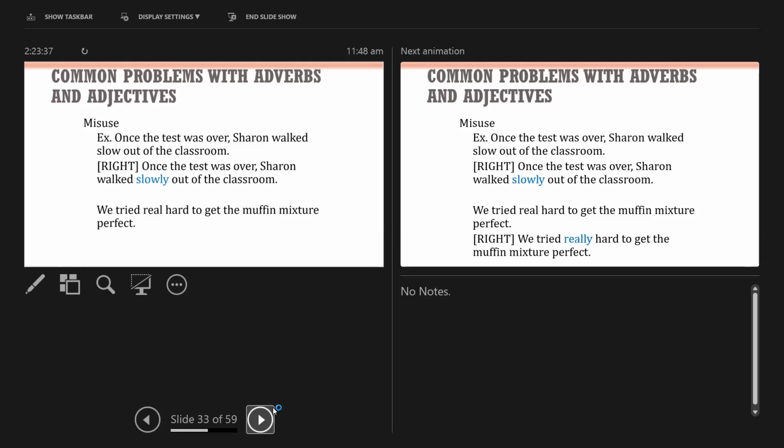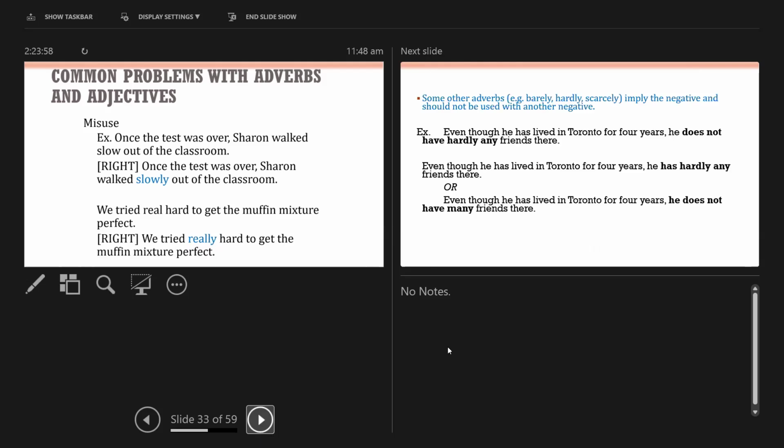Gen Z use that mistake because it's cool, right? But the thing is, it's wrong. Not everything cool is correct. So the correct sentence here should be, we tried really hard to get the muffin mixture perfect. We tried really hard. Next.